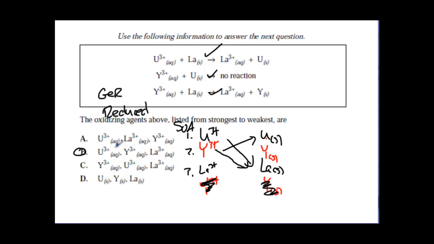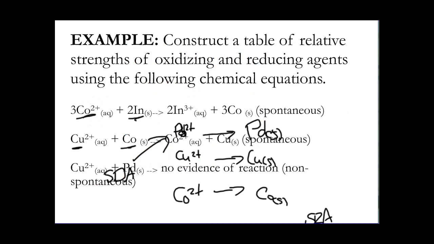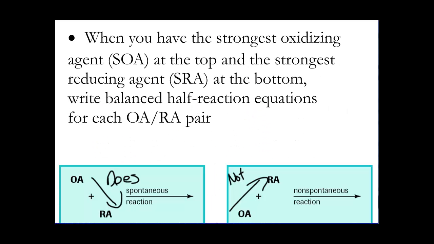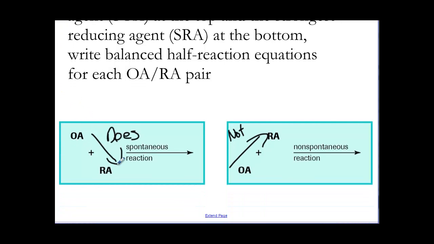So I hope that makes sense. It's a very simple concept once you've done a lot of examples. It's something you're going to want to practice. But I can really break it down into this slide right here. If it goes in this orientation, this OA is strong enough to win a fight for electrons against this RA down here in our ranking system.